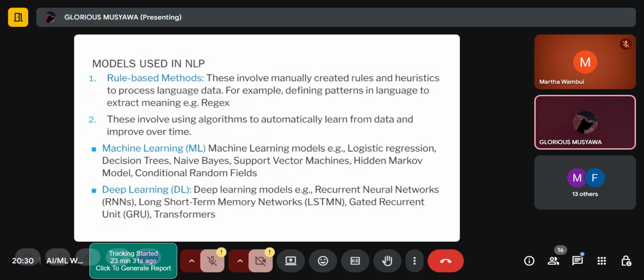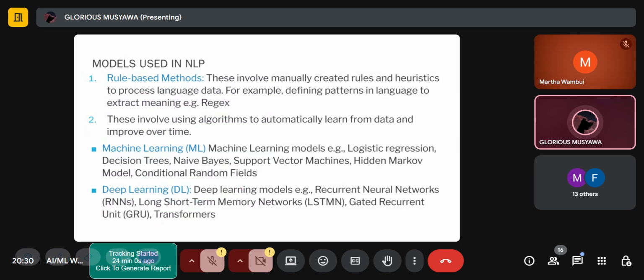So we have the rule-based methods. This involves manually creating rules and heuristics to process language data. For example, defining patterns in language to extract meaning. So this is rule-based. I think originally we would store words in, let's say, a database.